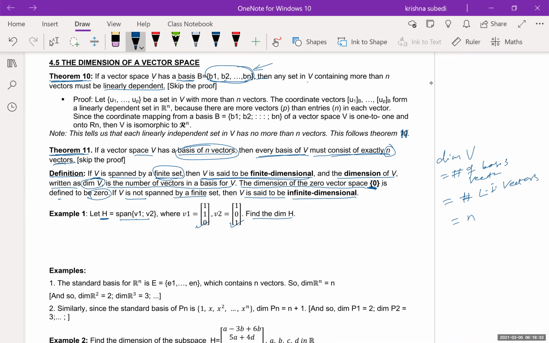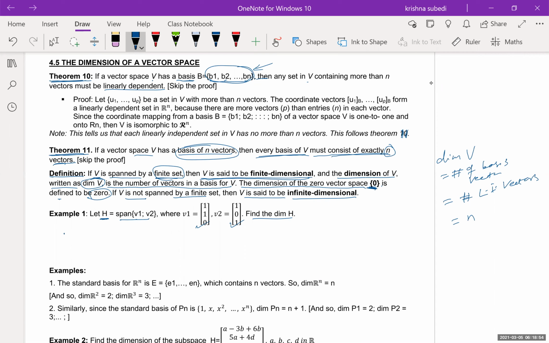So look at that, v1 and v2, are they linearly independent? Yes, they are, because they are not multiples of each other. When we are given two vectors, to figure out whether they are linearly dependent or independent is pretty easy. If they are multiples of each other, linearly dependent. If not, then linearly independent.